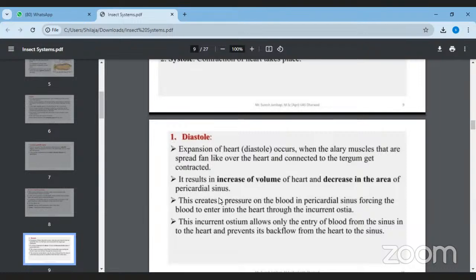So whenever this area is being contracted, this creates a pressure on the blood in the pericardial sinus, forcing the blood to enter into the heart through the incurrent ostium. So this incurrent ostium allows the entry of blood from the sinus into the heart and prevents its backflow from the heart to the sinus. So like this, we will explain the diastole.